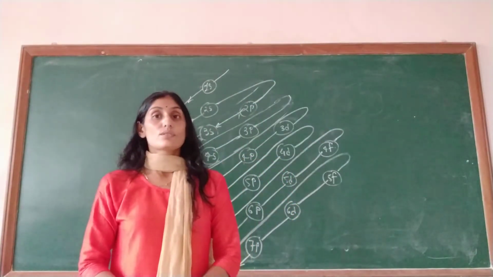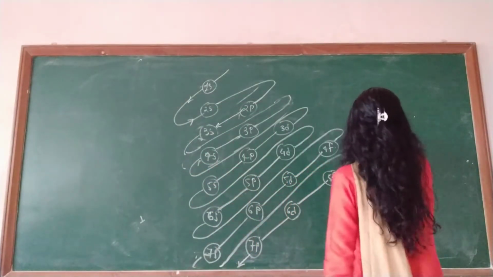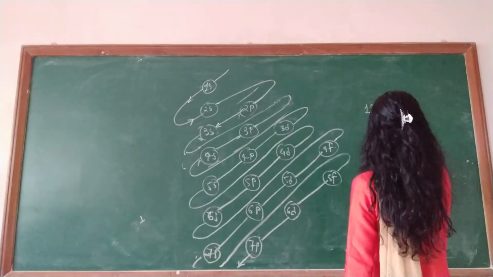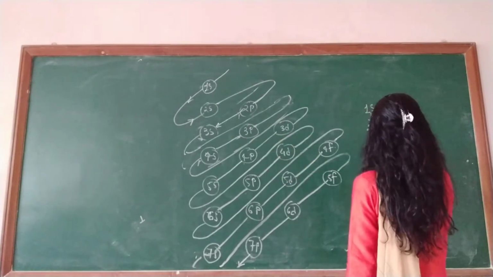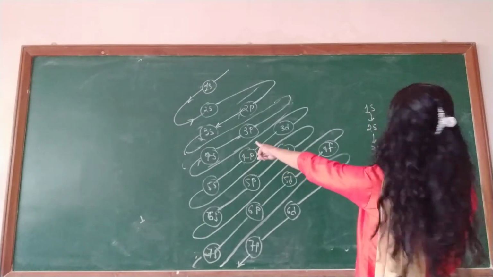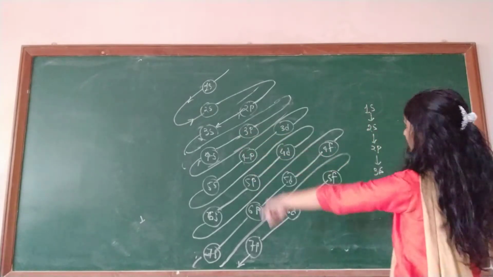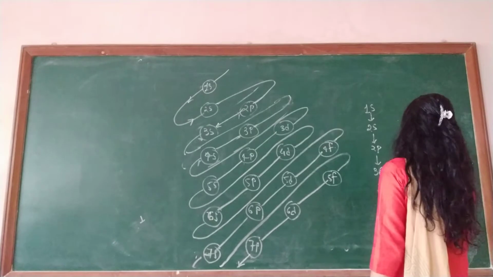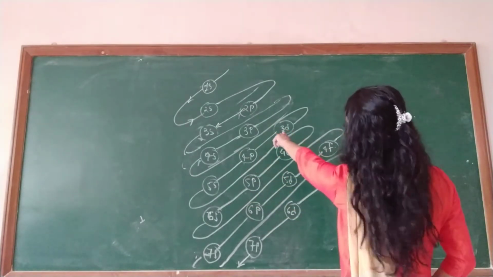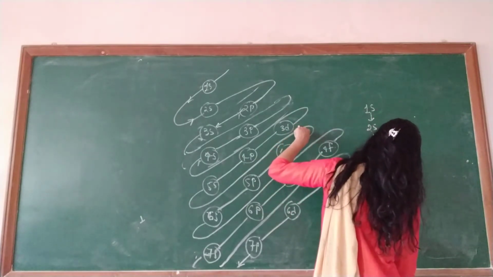If you have a doubt, then we are writing it over here. First the electrons move to 1s. From 1s they move to 2s. Then they move to 2p, then from 2p to 3s, then 3p. Instead of 4s, they are moving to 3d, so we write 4s, then 3d.